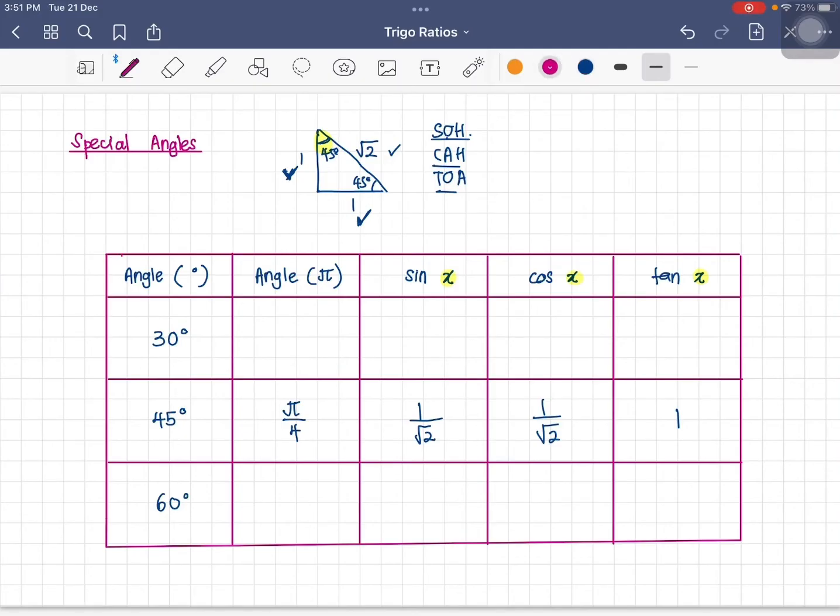Now for example, for the 30 and 60 degrees, what should you do? All right, follow me. Just now you have drawn 1 and 1, and you get the hypotenuse, which is square root 2. But for 30 and 60 degrees, you have to sketch 1 and 2, something like this.